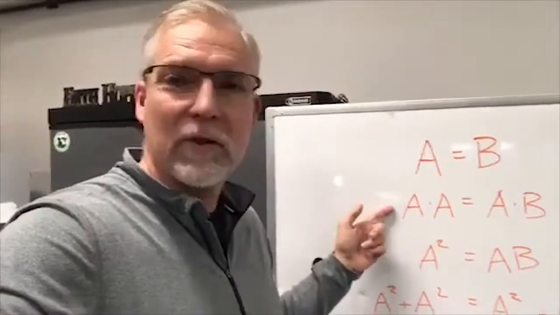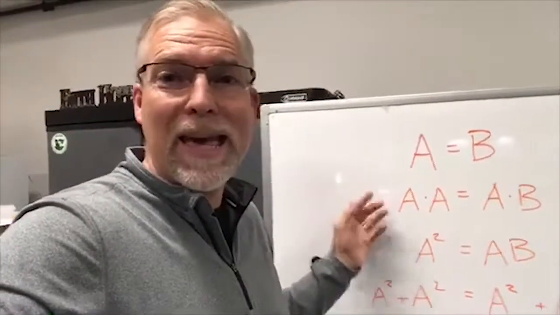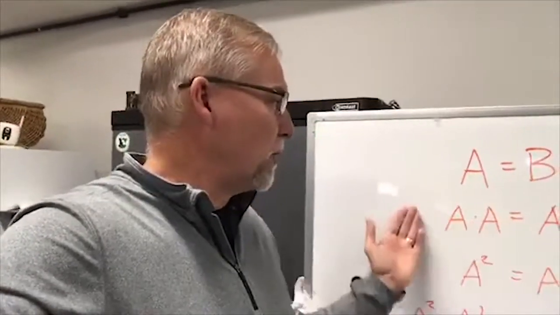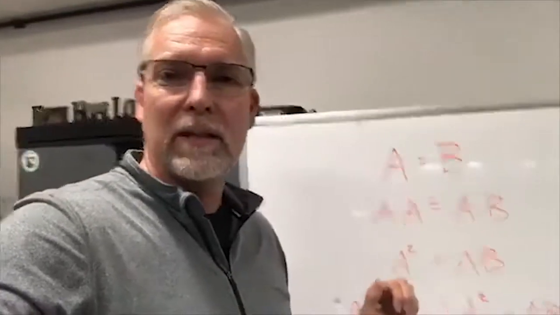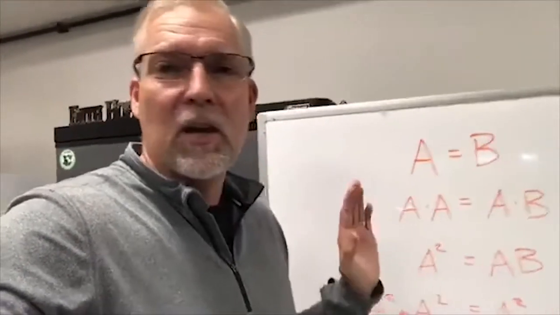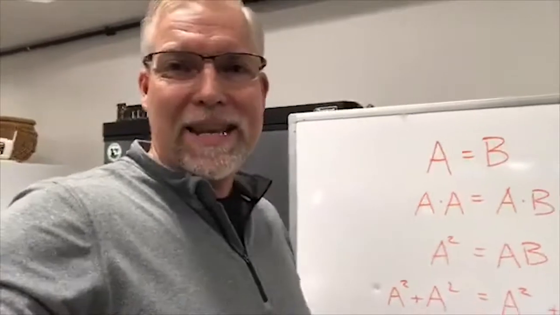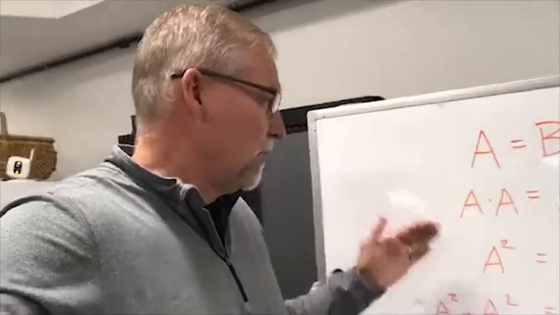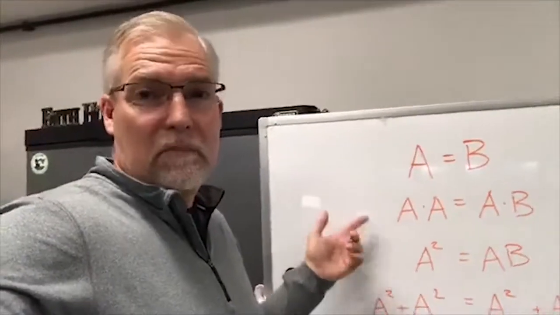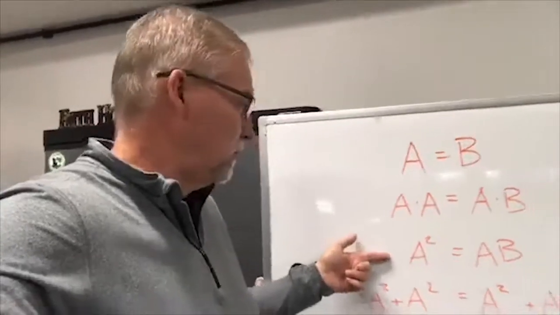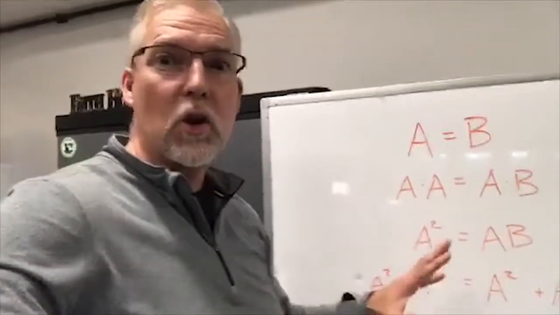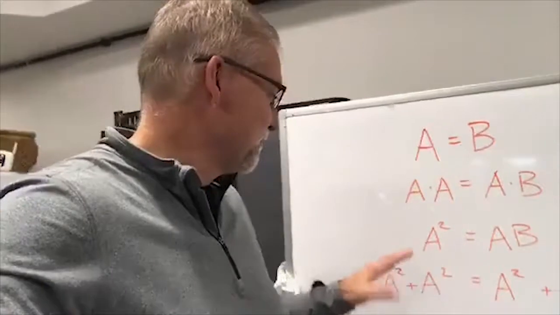So in the first step, I just multiplied both sides by A. If you multiply the left side by A and multiply the right side by the same thing, A, that is fine and dandy. You're allowed to do that. This step is just simplifying it. A times A is A squared. So easy enough there, no sleight of hand.